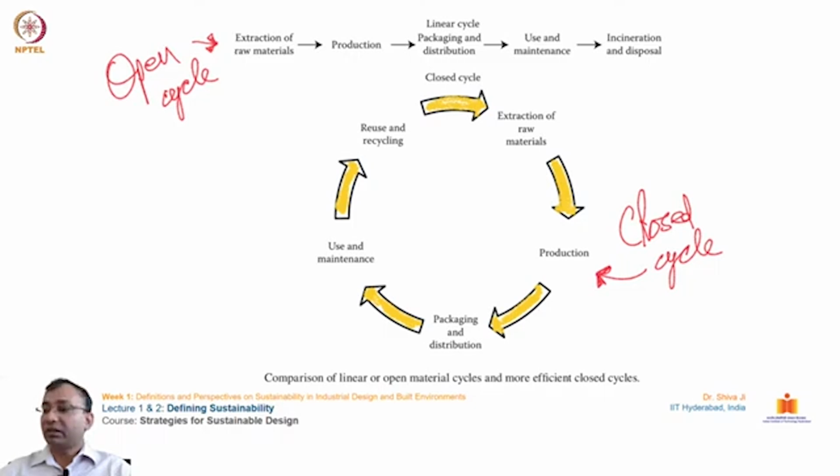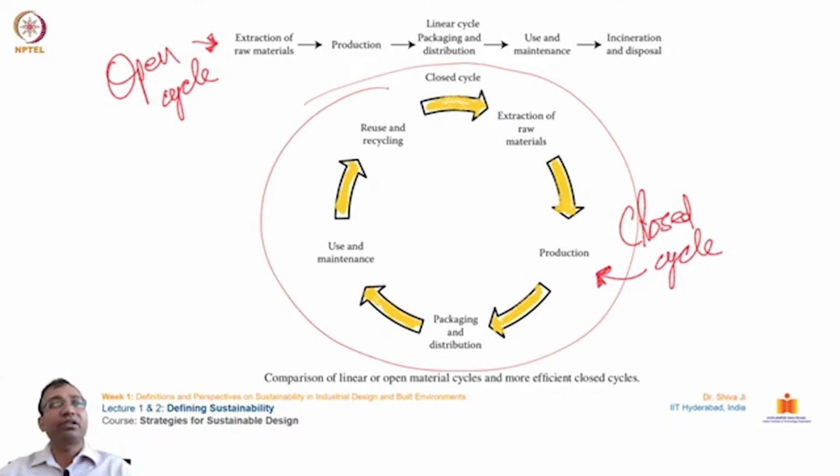On the other one you can see, right here, it's a cyclic way of progression in which there is a closed loop. From wherever we start, we come back right there and start again. This is called a closed cycle loop, and it is very essential for maintaining replenishment and balance.